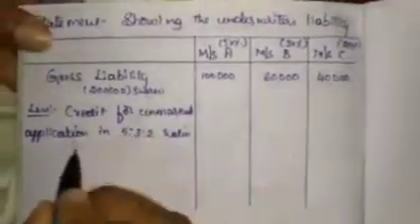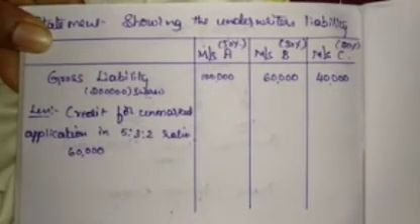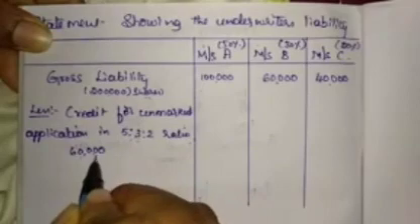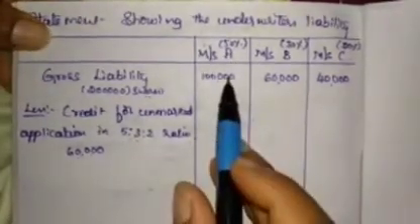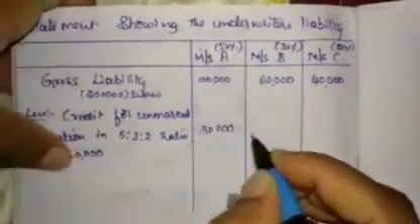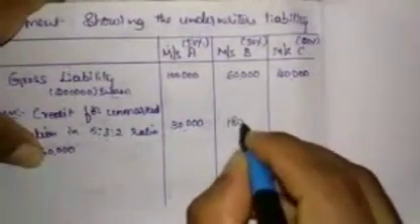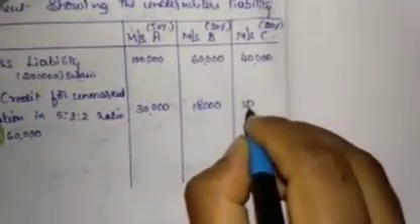What are the unmarked applications? We already calculated: 1,60,000 minus marked applications 1 lakh, you'll get 60,000. We have to share this 60,000 among the underwriters. 60,000 into 5 by 10 is 30,000. 60,000 into 3 by 10 is 18,000. 60,000 into 2 by 10 is 12,000.